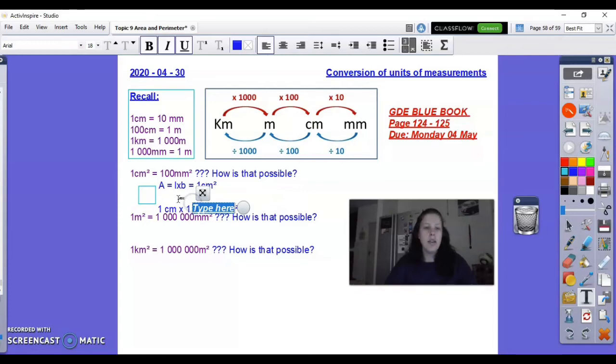But now I'm talking about when I've got to convert it to millimeters. So we know that 1 centimeter is equal to 10 millimeters. And if I say 10 millimeters times 10 millimeters, I'm going to get an answer of 100 millimeters squared.